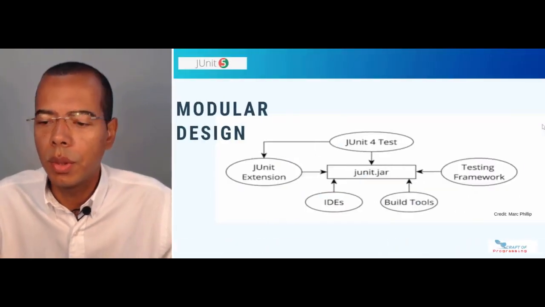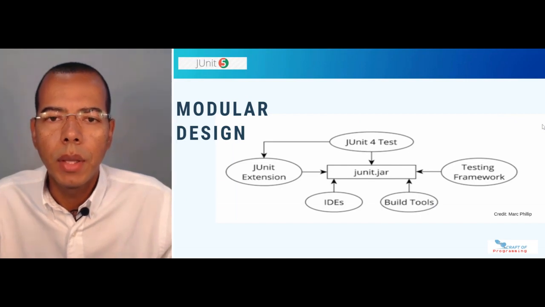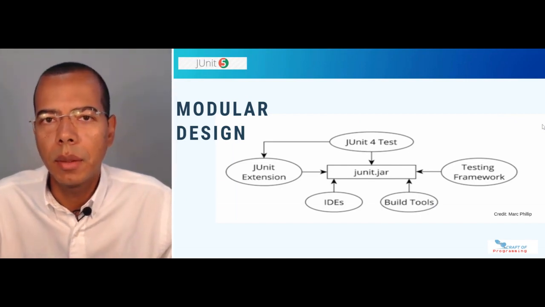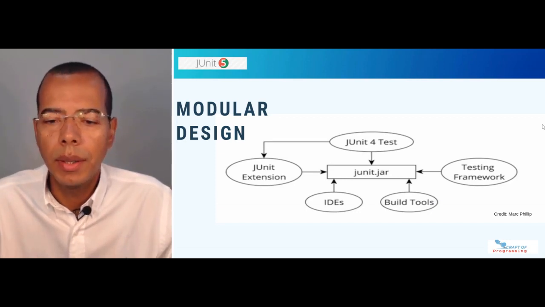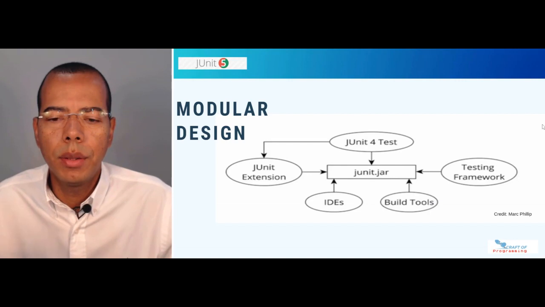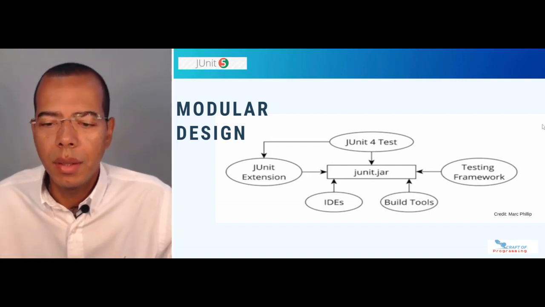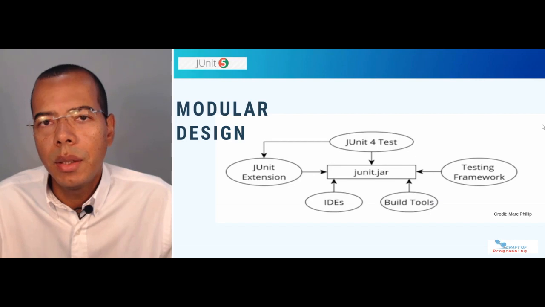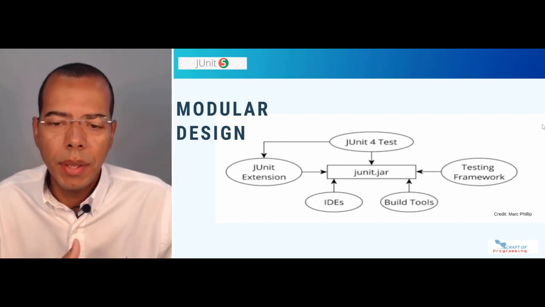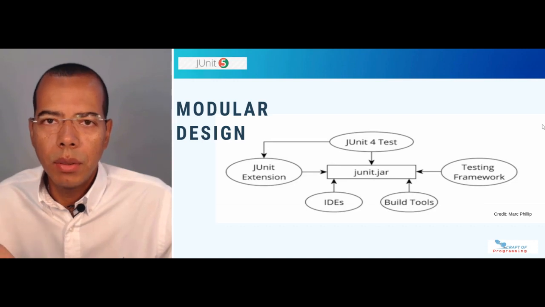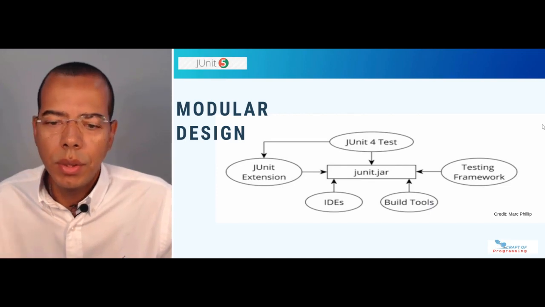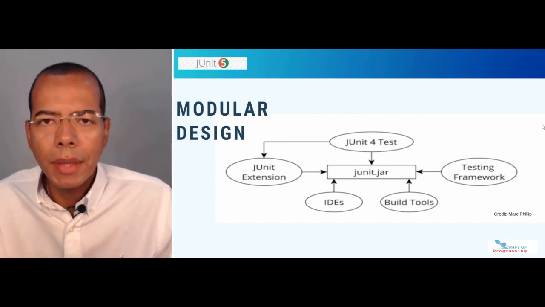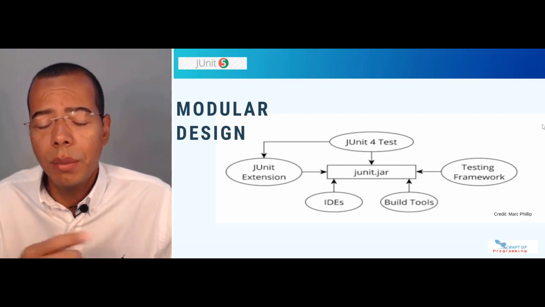This is a slide courtesy of Mark Philipp from the JUnit 5 team, and it basically highlights the problem of JUnit 4. The issue is that JUnit 4 had a single monolithic jar, which you as a test implementer would depend upon, or you as an IDE builder would depend upon, or if you're writing build tools like Gradle or Maven, you would depend on that, or if you have a third-party testing framework like Spring, you would depend on that too, or if you're writing some JUnit 4 extension, you would depend on that.